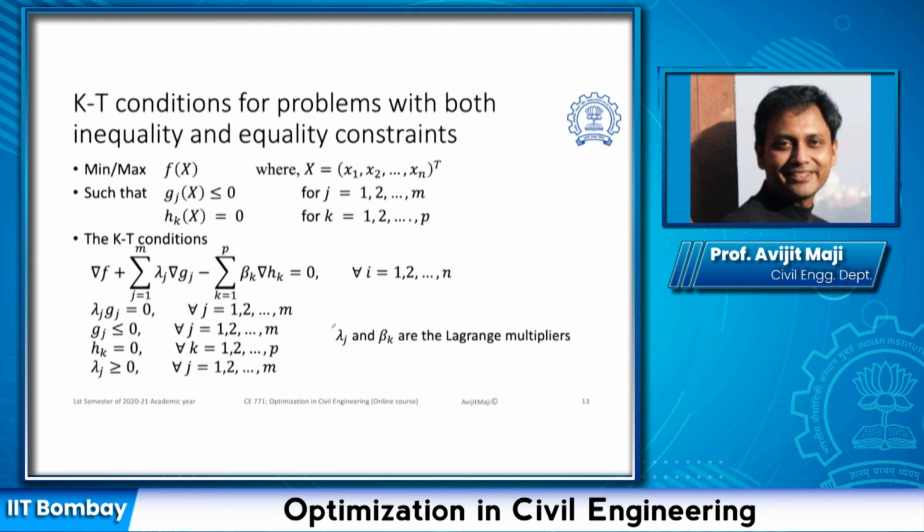So the multivariable optimization problem with both inequality and equality constraints is going to be like this, where my objective function is going to be either minimized or maximized, and this objective function is for the n number of design or decision variables, and this objective function is also for the constraints, the inequality constraints of this nature, where I have m number of inequality constraints as well as the equality constraints of this nature, which you have seen in case of Lagrange multipliers, where I have p number of equality constraints.